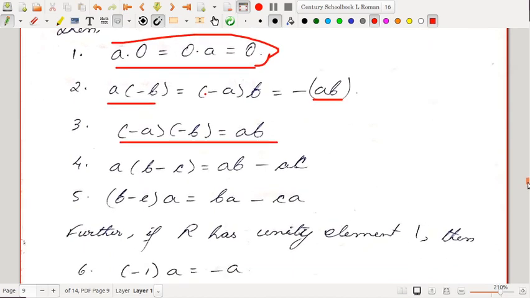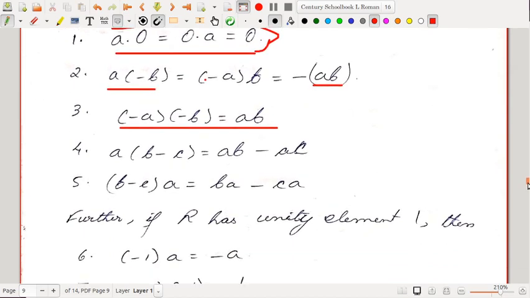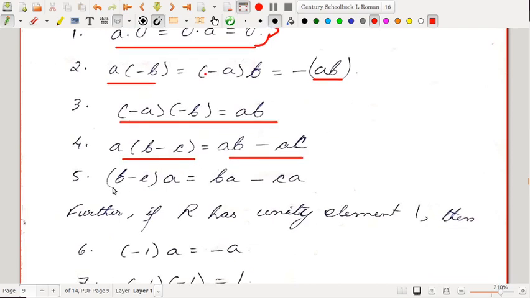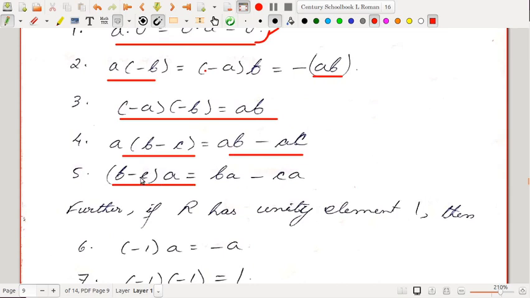All these things can be proved if we assume the laws that we had listed, the properties of rings. So minus a into minus b is the same as ab. Then a into (b minus c) is ab minus ac, so this distributive law holds for subtraction also.